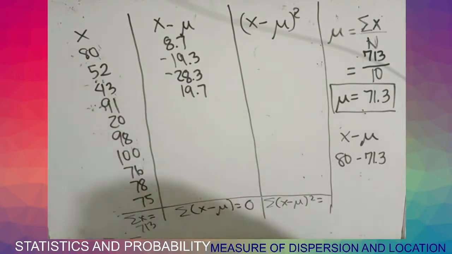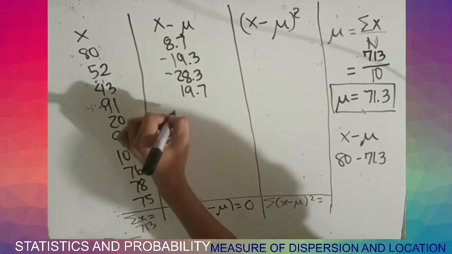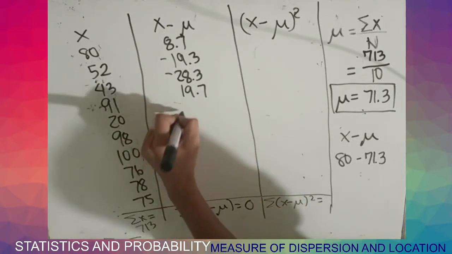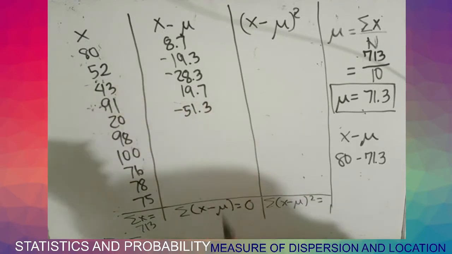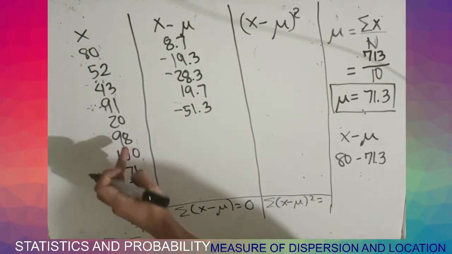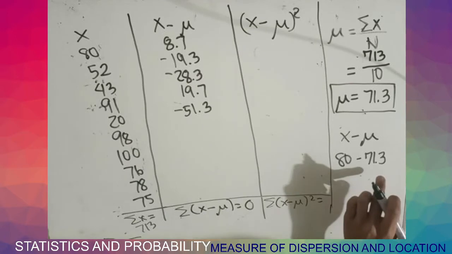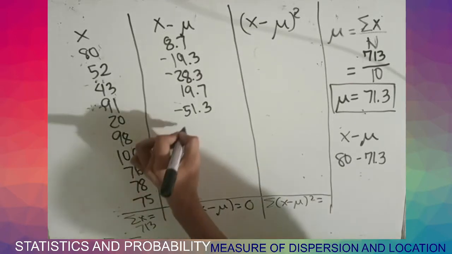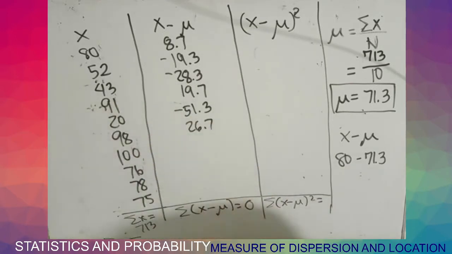Okay, next. 20 minus 71.3. Negative 51.3. Next. 98 minus 71.3 ay 26.7.